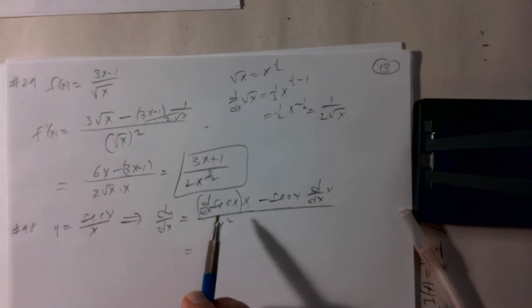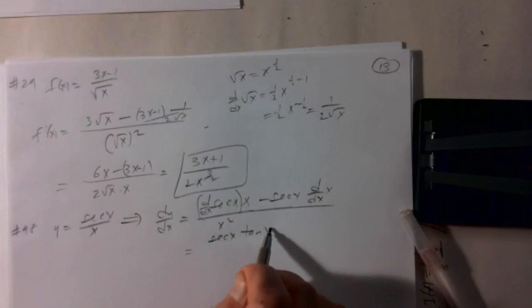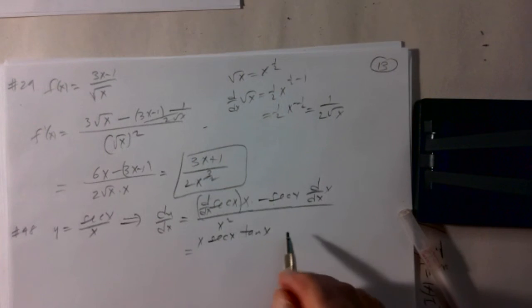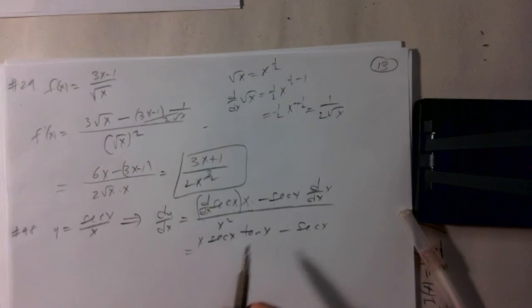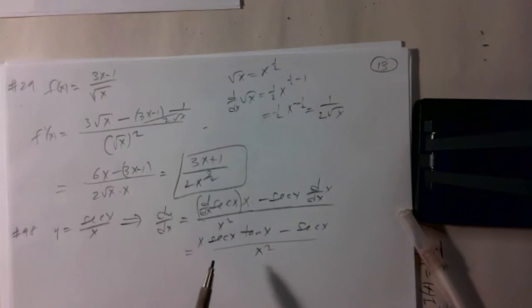The derivative of the secant is secant times the tangent times x minus secant x times 1 over x squared. That's what it is.